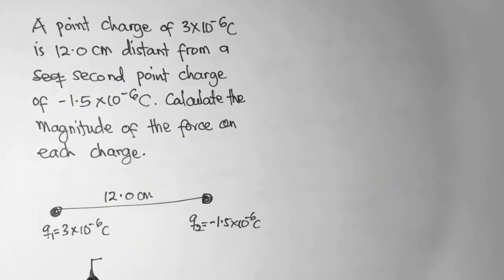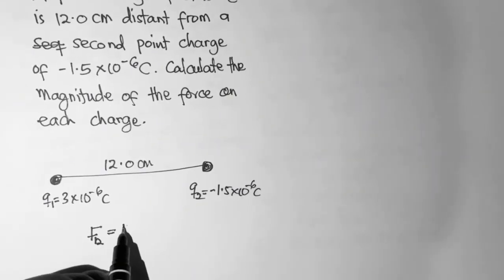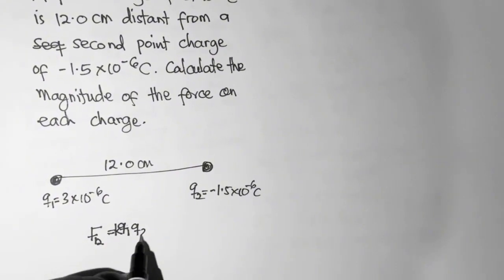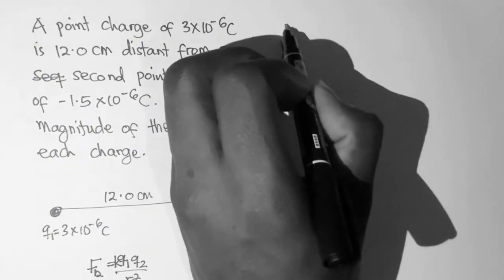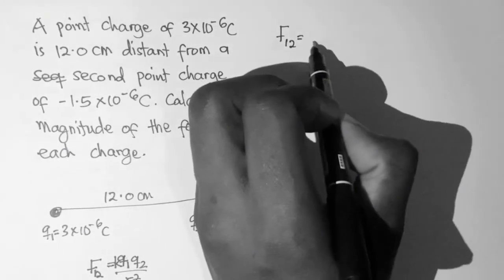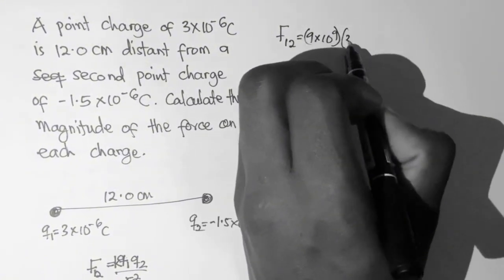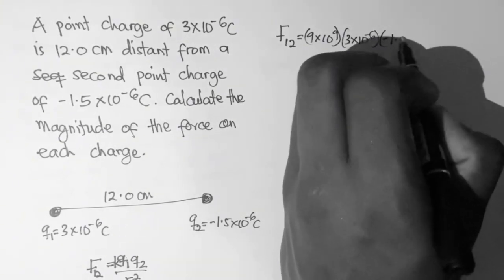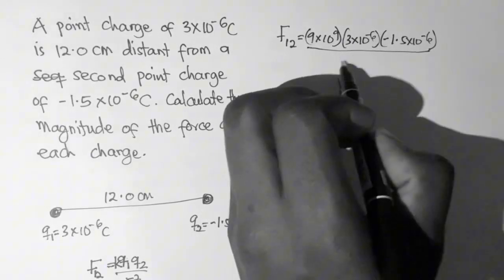So based on Coulomb's law, we know that the force between them is F12, that's equal to K times the first charge Q1 times Q2, divided by the square of the distance between them. So F12 is equal to, K is 9 times 10 exponent 9, then times the first charge, which is 3 times 10 exponent minus 6, then times the second one, which is minus 1.5 times 10 exponent minus 6, divided by the square of the distance between them.